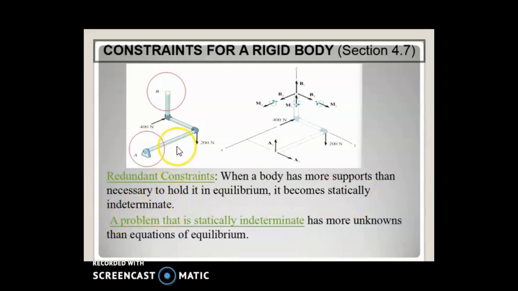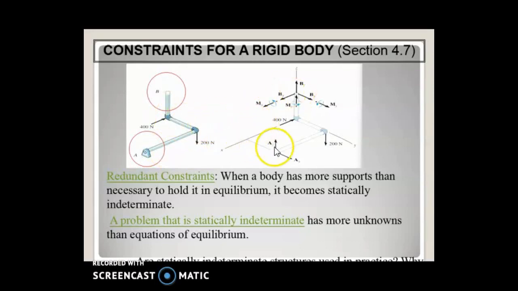It means that we have more supports than required. Let's say the body can be in equilibrium using only one support, but in your system you have more than one support, so the constraint becomes redundant.